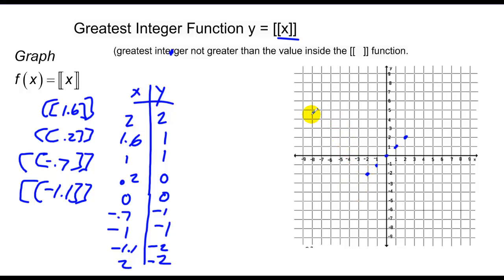The problem's going to exist where I start plugging in the decimals. At 1.6, I still get out 1. At 0.2, I still get out 0. At -0.7, I get -1. And at -1.1, I get -2. So the question is, how do I connect these dots now?